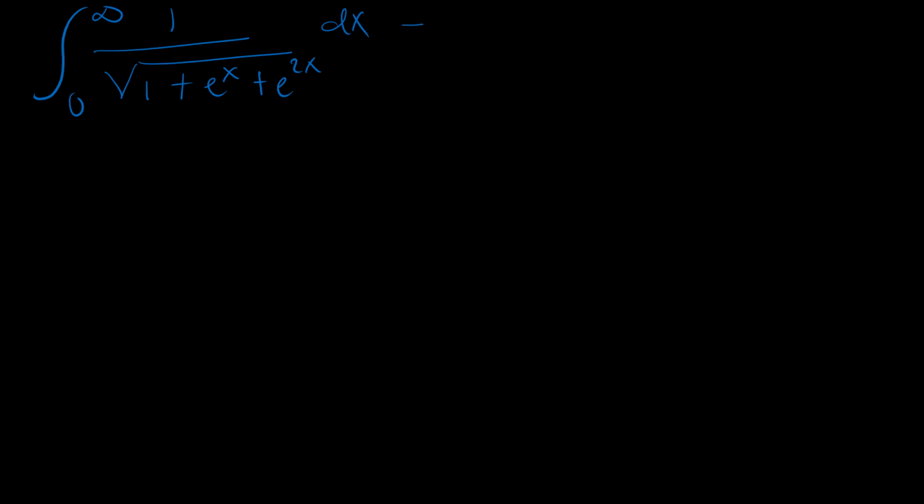So our problem being the definite integral from x equals 0 to x tending to infinity of 1 over the square root of 1 plus e to the power x plus e to the power 2x. This is our problem. The first thing I'd do is divide both the numerator and denominator by e to the power x.